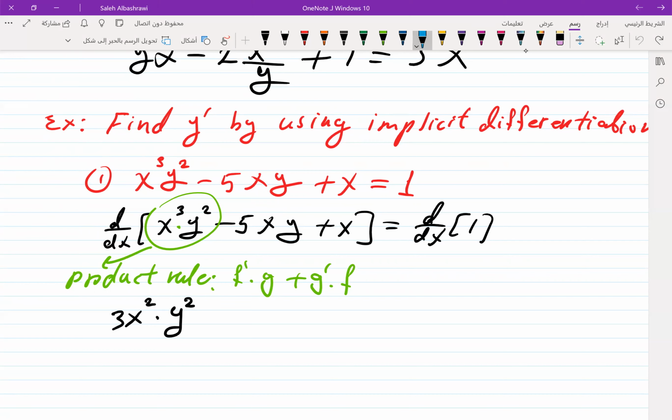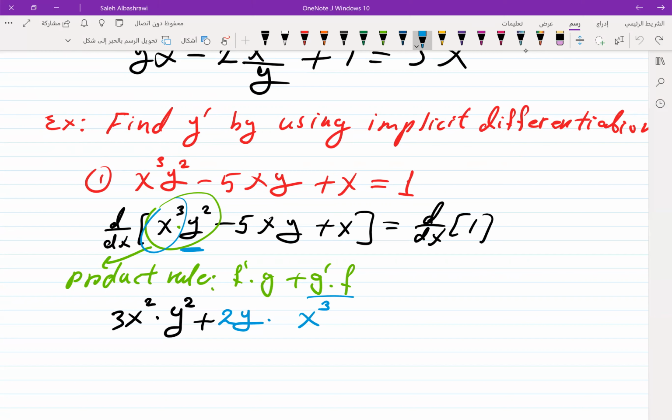This is f prime times g. Now the second term is g prime, the derivative of the second function. That will be plus, now differentiating the second one, which is y squared, I will have 2y multiplied by x to the power 3.